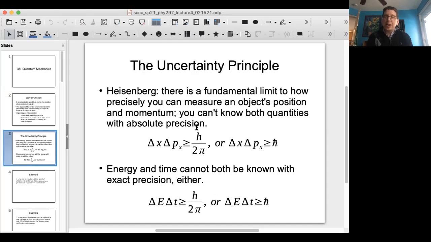Basically, the product of the uncertainty in the x position and the uncertainty in x momentum has to be equal to or greater than h bar, again, Planck's constant divided by 2 pi. And similarly, the product of the uncertainty in the energy and the uncertainty in the time also has to be at least equal to h bar.